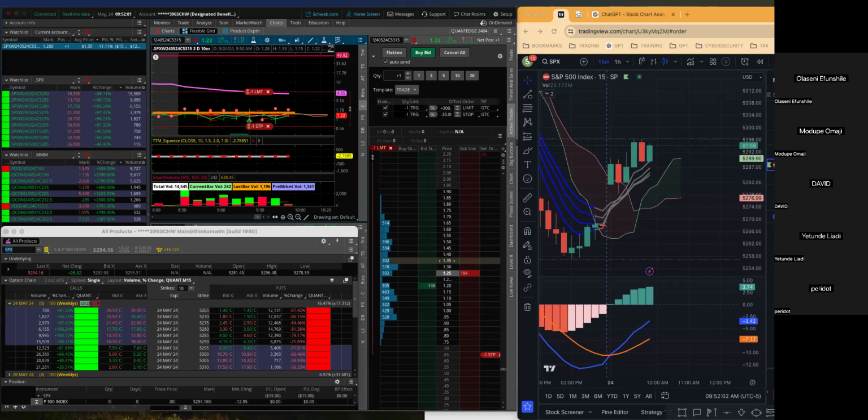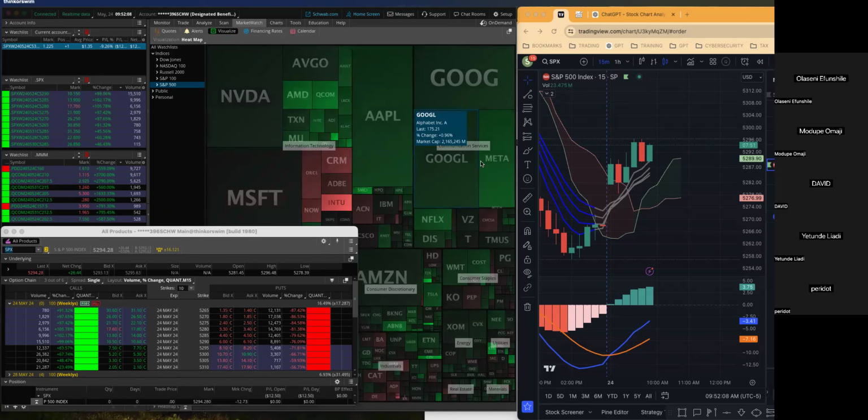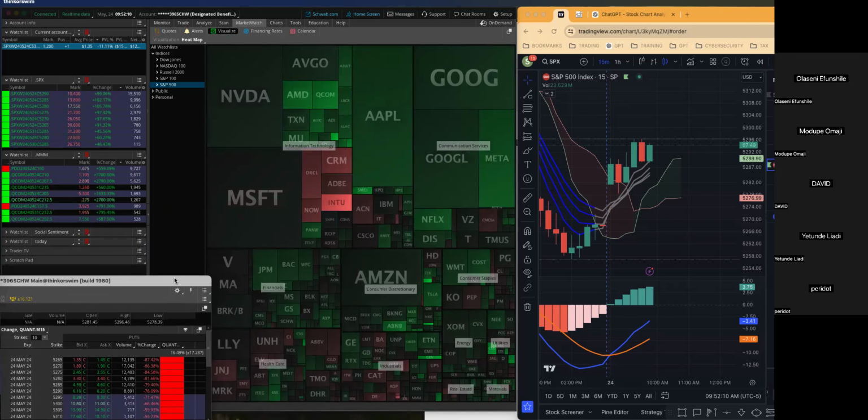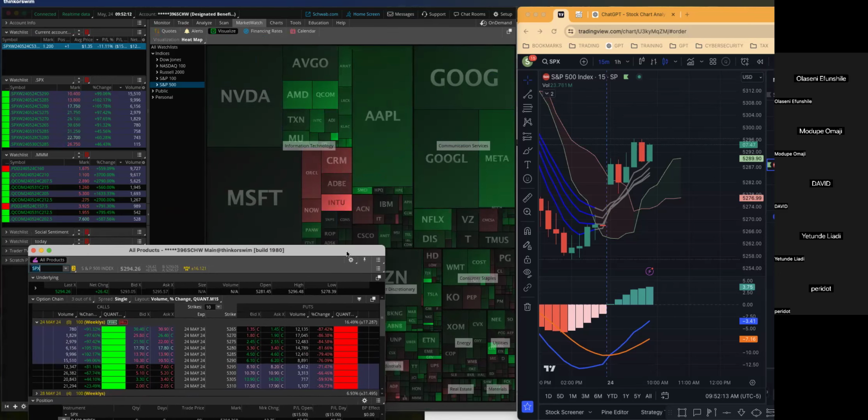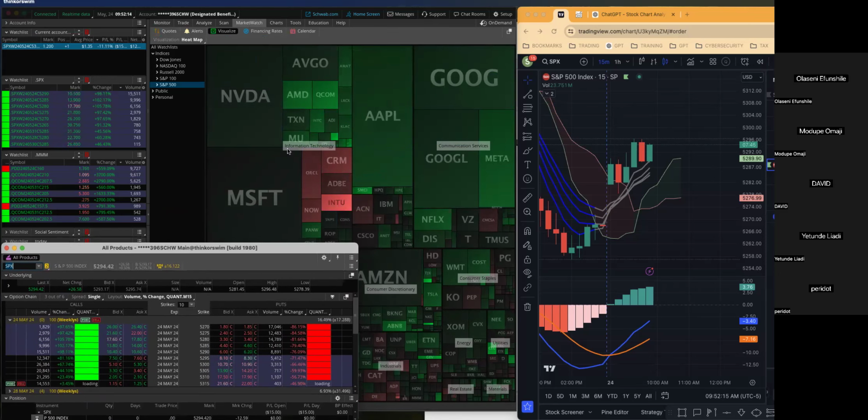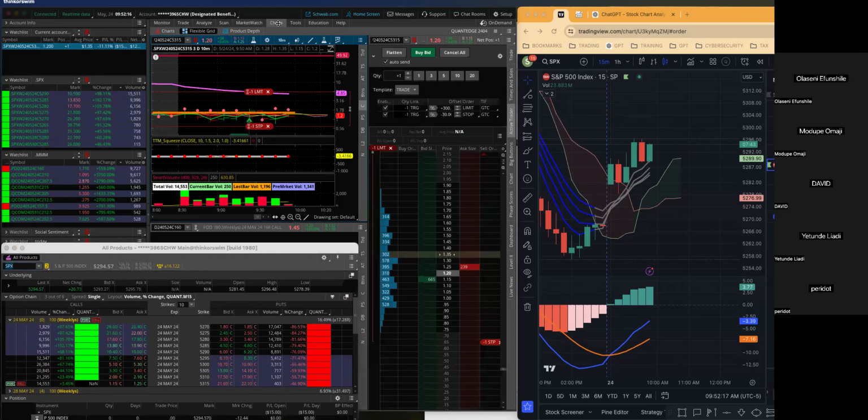So let's see where this one ends. Like I said, I'm just gonna hold it because I look at the market watch. Everything is practically green, except for a few pockets, and see where this one goes.